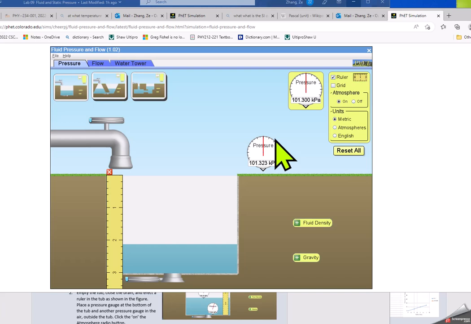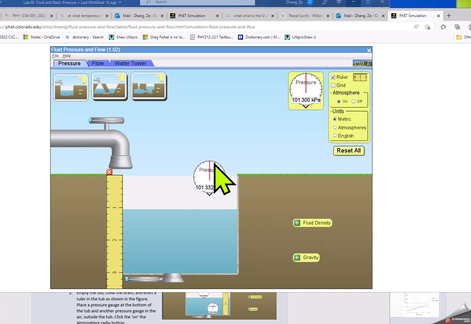Now, if you put the pressure gauge in the water, water has much higher density, and all this weight of the water is on the gauge. Because of the nature of fluids, the pressure goes in all directions. That's isotropic. In air, the pressure changes only slightly.